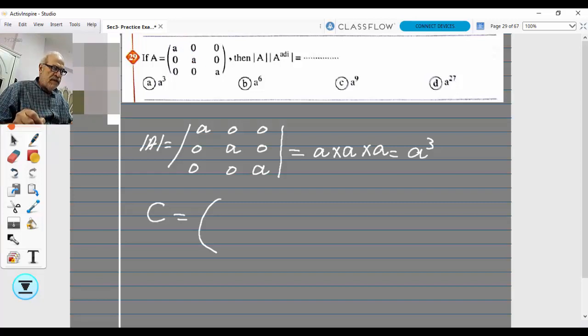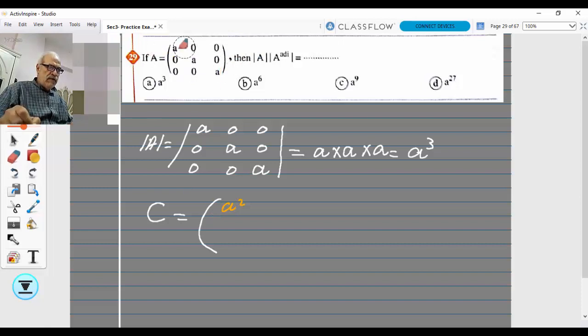The first element here is A. Its cofactor is the value of this minor determinant, which equals A multiply A minus 0 by 0. So the result will be A square.